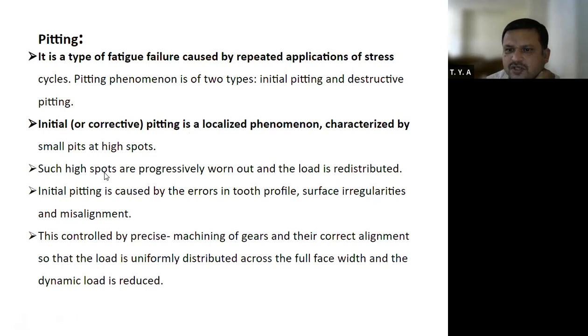Such high spots are progressively worn out, and the load is redistributed.